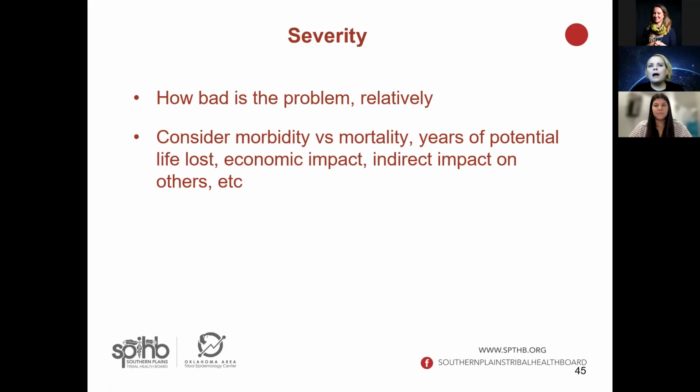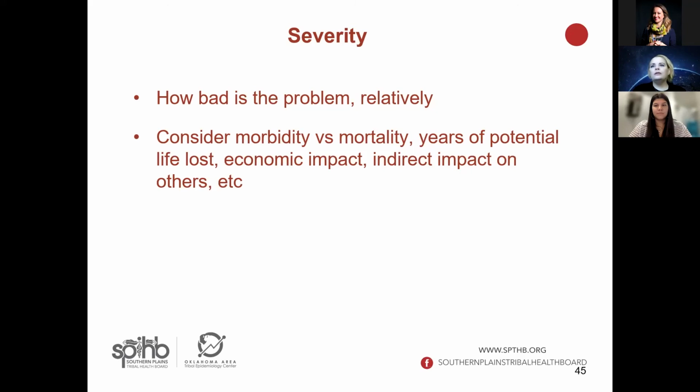We talked about magnitudes and ways to measure. And so now we'll talk about severity. When we measured magnitude, we talked about things like mortality. For severity, we can talk about morbidity. Mortality is death, and morbidity is the suffering from disease. So how bad is that suffering?